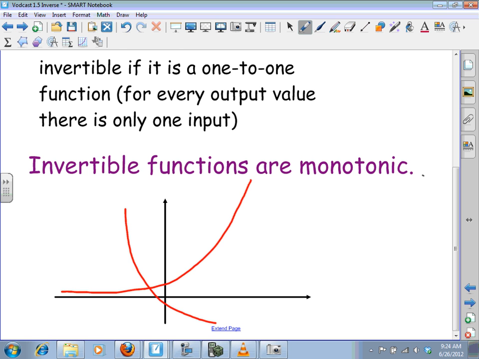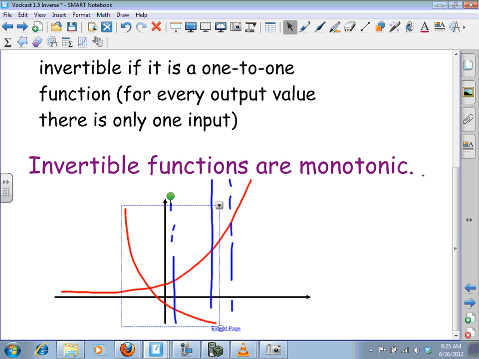I talked about passing the horizontal line test. Well, you know that a function passes the vertical line test if I can draw a line, and everywhere I move that line, it only passes through the graph once, for both of these graphs. Let me get rid of one of these graphs so it's a little clearer here.